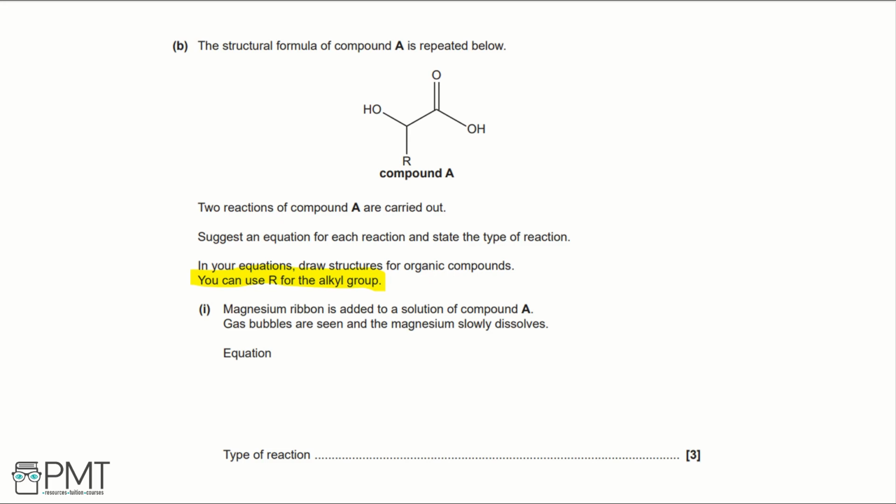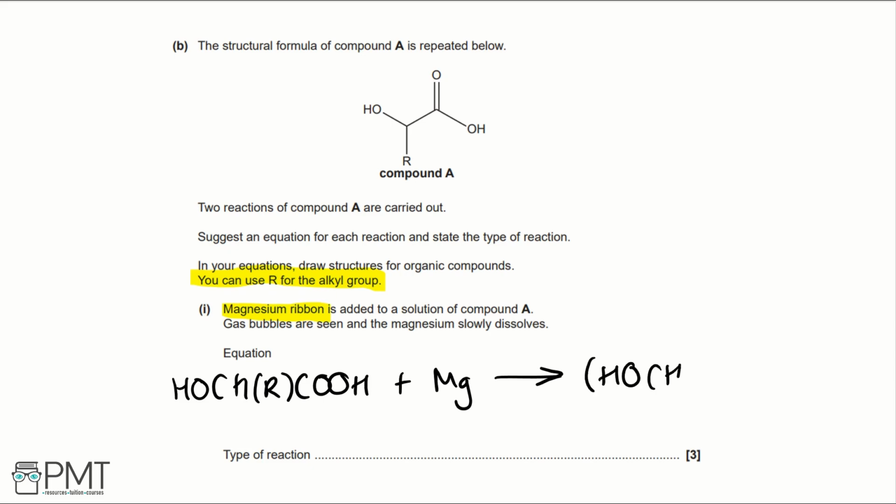If we start by writing out our reactants, we have HOCHRCOOH plus magnesium, because we're reacting with magnesium ribbon, and that will produce a salt of HOCHRCOO 2 Mg, and then we also have hydrogen.